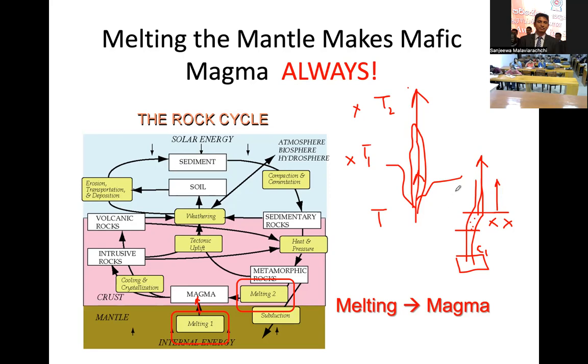Then at another shallower zone, there may be further crystallization, and it becomes C3, right? Likewise, there will be continuous crystallization. At a certain point, this magma will be totally crystallized.